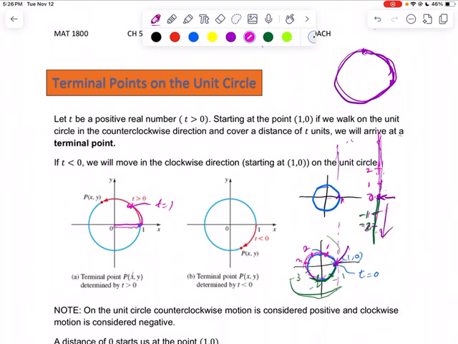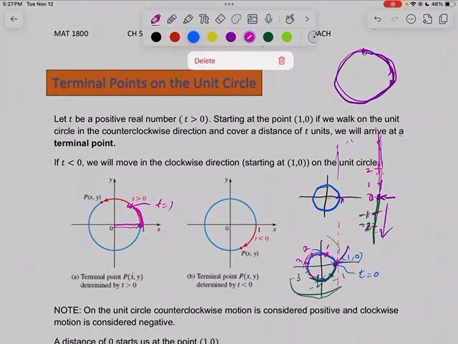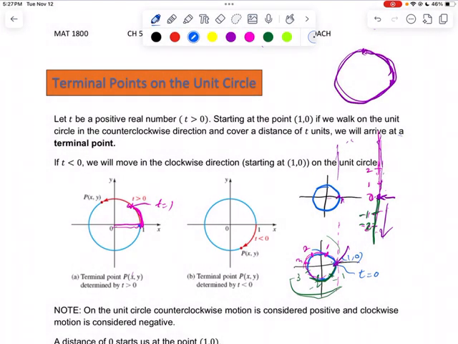What about t is equal to 2? So same as this length, we go from this point. So somewhere here will be the value 2, and then somewhere here will be the value 3, somewhere here will be the value 4, and so on.